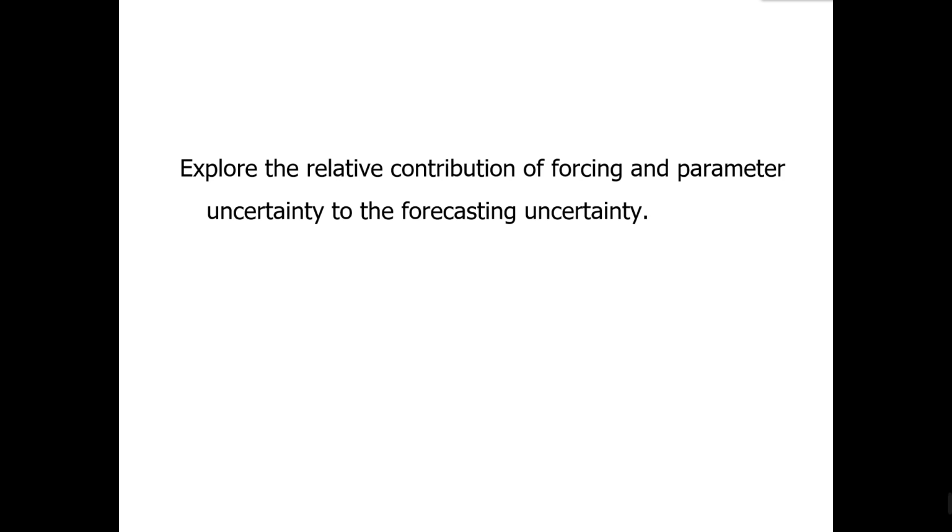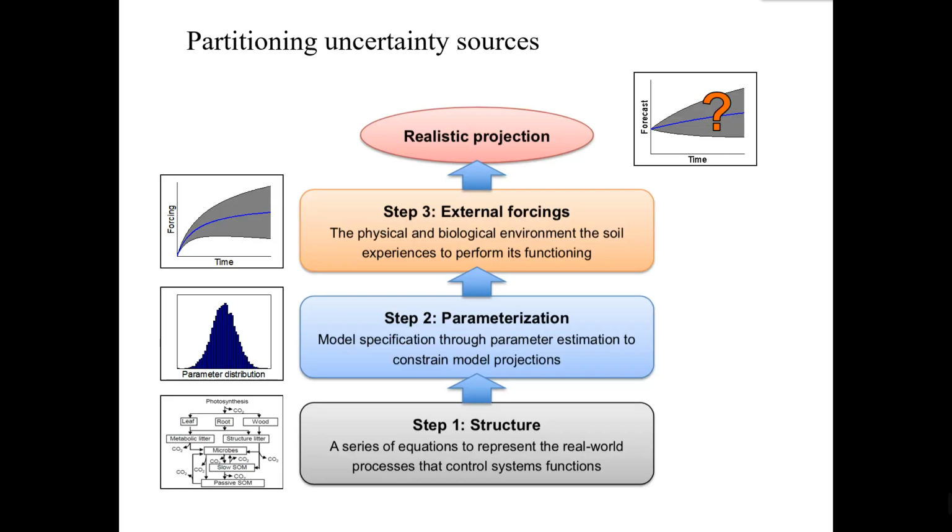So if you are interested, you can further explore the relative contribution of forcing and parameter uncertainty to the forecasting uncertainty. For example, the uncertainty of carbon cycle model results can stem from three fundamental components: the model structure, parameterization, and external forcing.